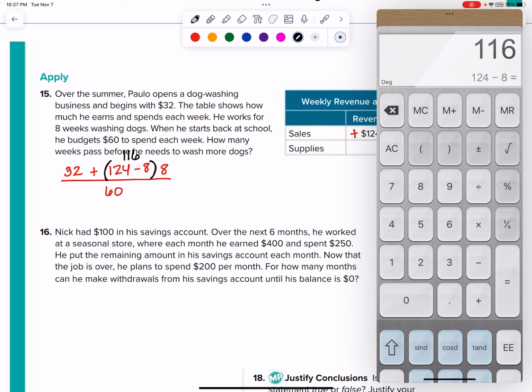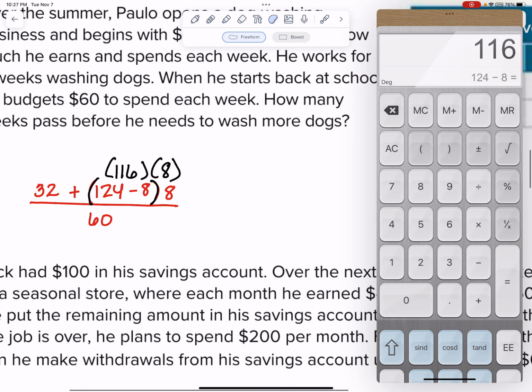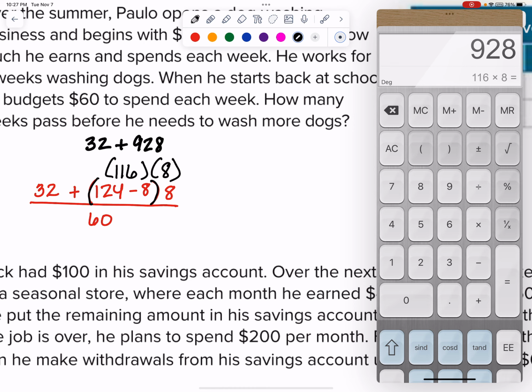And here's where I'm at right now. I have to do the multiplication. Let's move this down a little bit. I shrink it up and move it down. So now I have this multiplication of 116 times 8, and this is 928. And then we have this 32 plus 928.